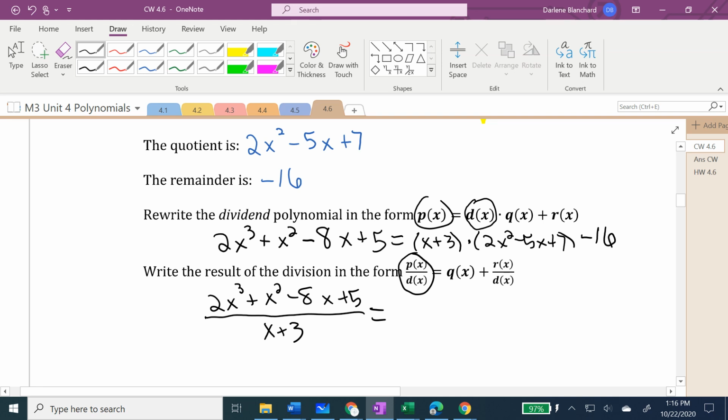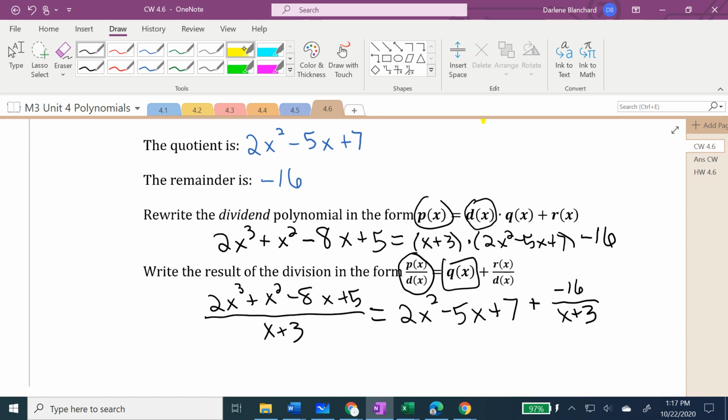So the result of that division is the quotient plus the remainder that was not able to be divided by the x plus 3. So under some conditions, you're going to want to rewrite your polynomial. In other conditions, you're going to want to look at the result of the division. And so this just shows you how each of those two is written.